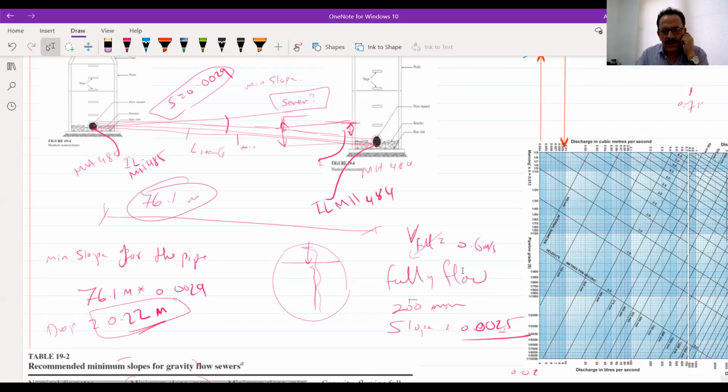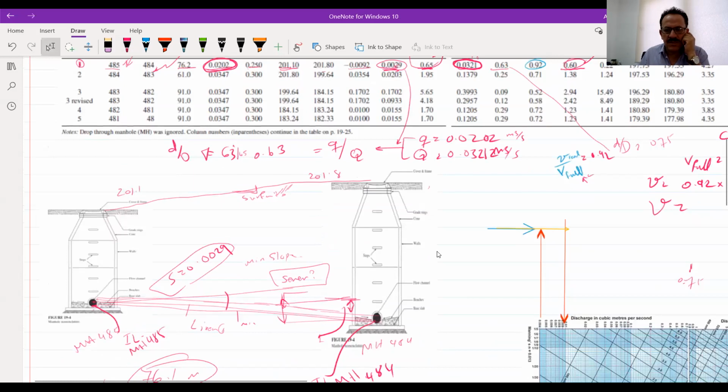Now, what should we do? We should know how much is the whole excavation or the depth. Usually for the first sewer we use a depth of 3.5 meter. You have to use it for the first manhole, 3 meters to 3.5 meter.